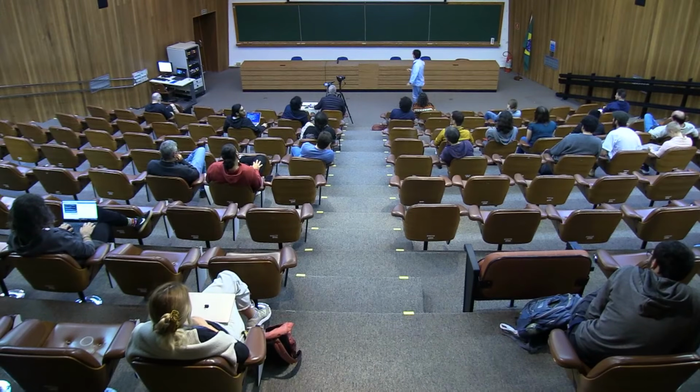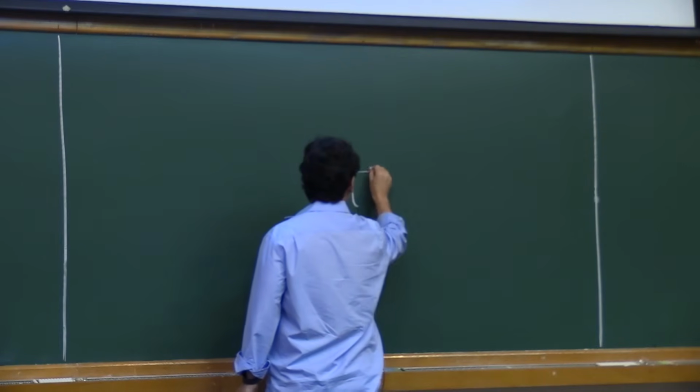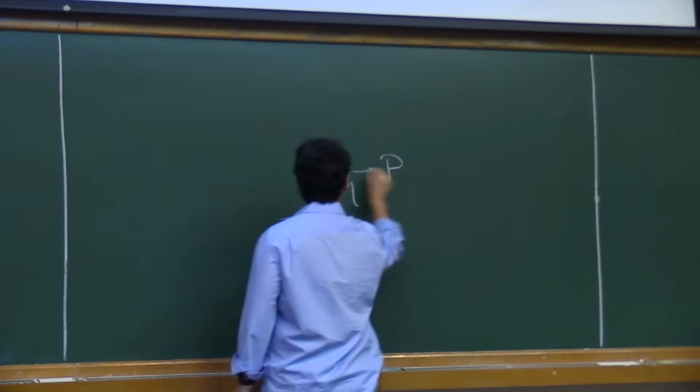Completely non-trivial means that, yeah, I'm going to have to write this. So this cone A of eta will fit in a triangle like this.